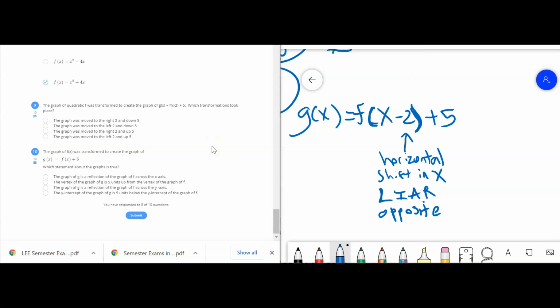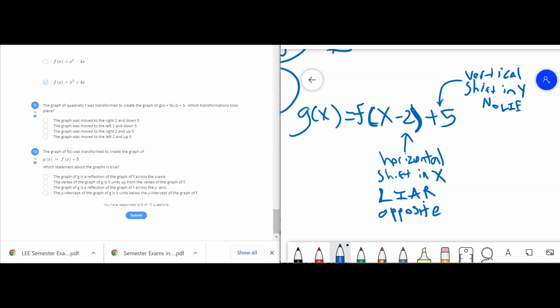So again, while this insider is a liar, this outsider is the vertical change. It's the shift in y, which is up and down. And there ain't no lie.